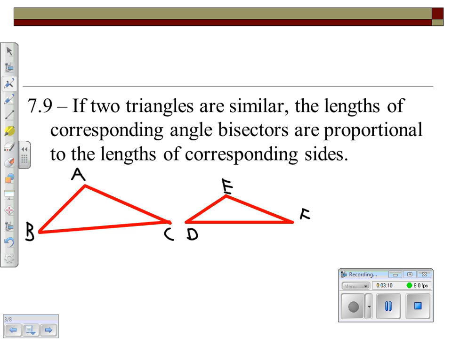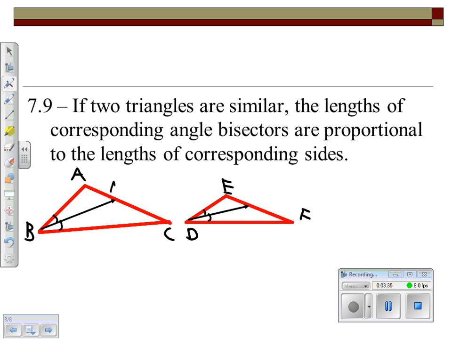To be an angle bisector in a triangle, it needs to, as the name implies, cut an angle in half. So maybe I've got this one there, and I've got this one there. And to show that those are congruent, I just put my congruency marks. And since these triangles are similar, the whole angle, angle B, and the whole angle, angle B, would be equal. So those parts would also match up.